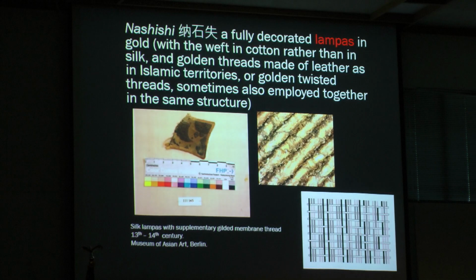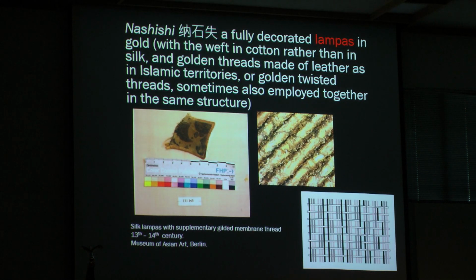The second type is the nasheshe, nasij, a fully decorated lampas. Lampas is a very complex structure. Generally, however, this type of nasij has the weft in cotton rather than in silk, and golden thread made of leather like in Islamic territories, so not gilded paper like in Chinese territories, and sometimes they are also twisted.